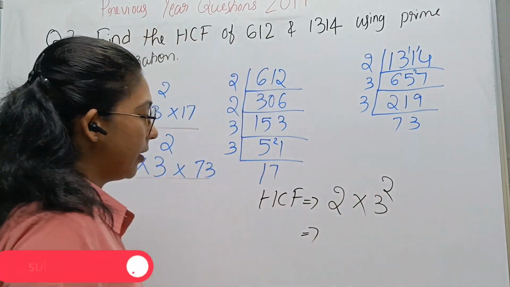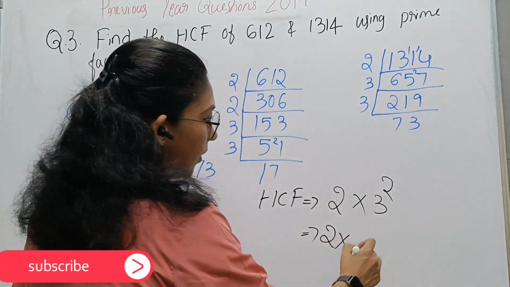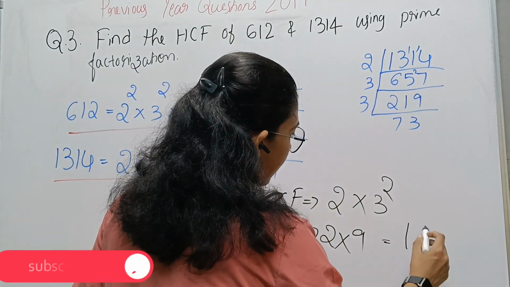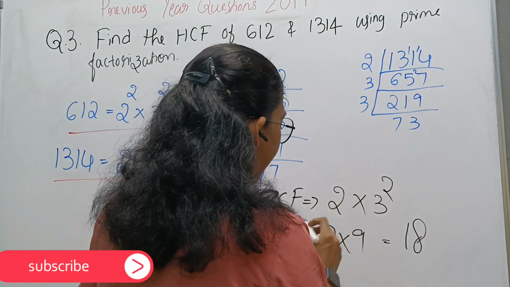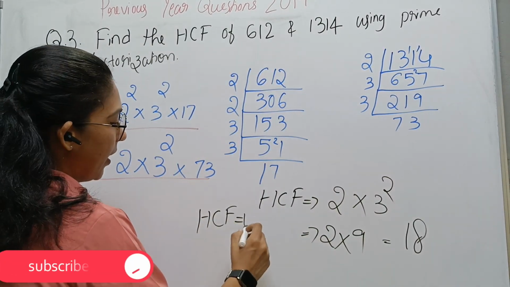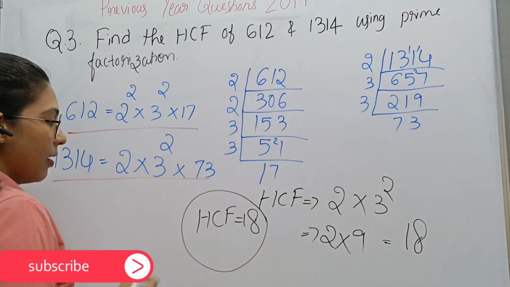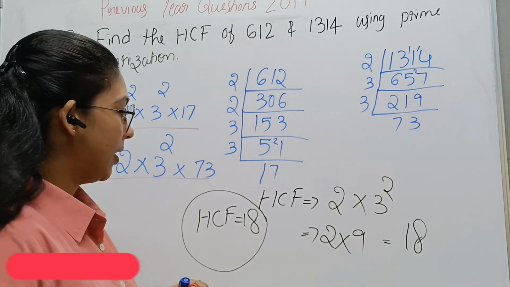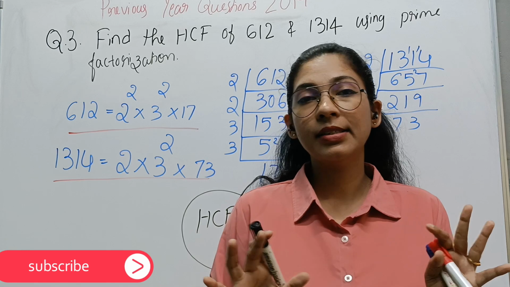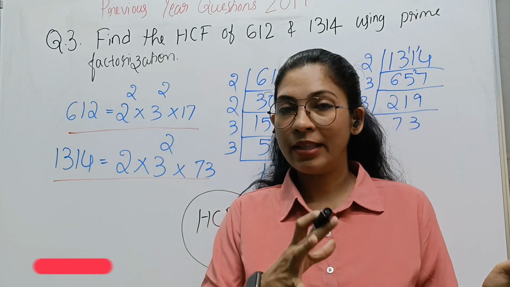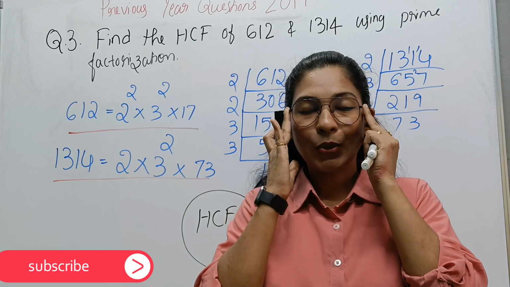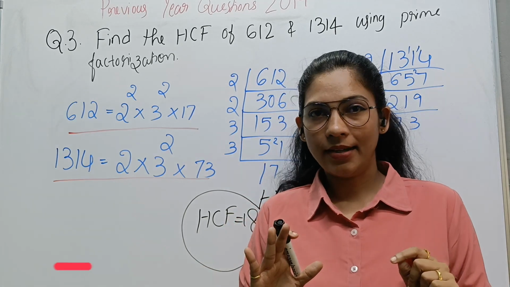So 2 into 3 square is 9 times 2, which is 18. So 18 is the HCF of the two numbers. Hope it is clear for you. Actually this is very simple. You have to learn how to factorize the numbers and the relation between the factors and HCF and LCM. So this is the answer.